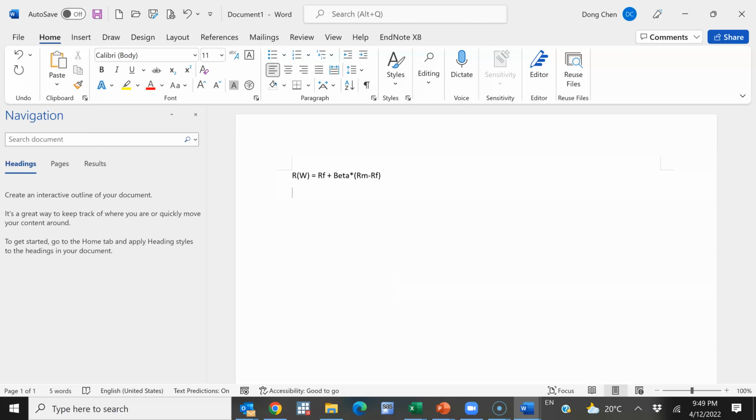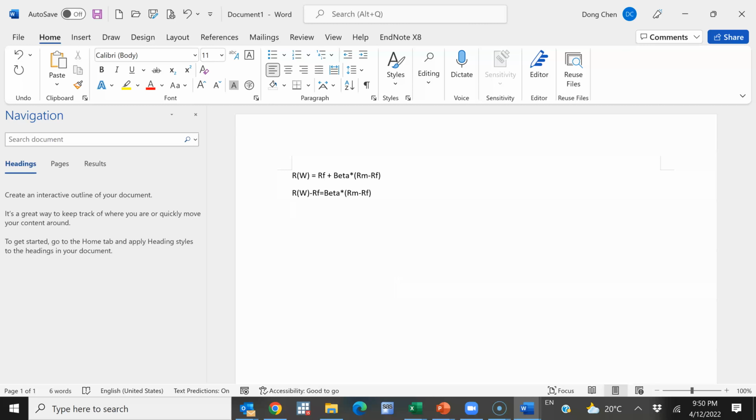So from this equation, we can solve for RM. If I move RF to the left-hand side, this will be equal to RW minus RF equals beta times RM minus RF.